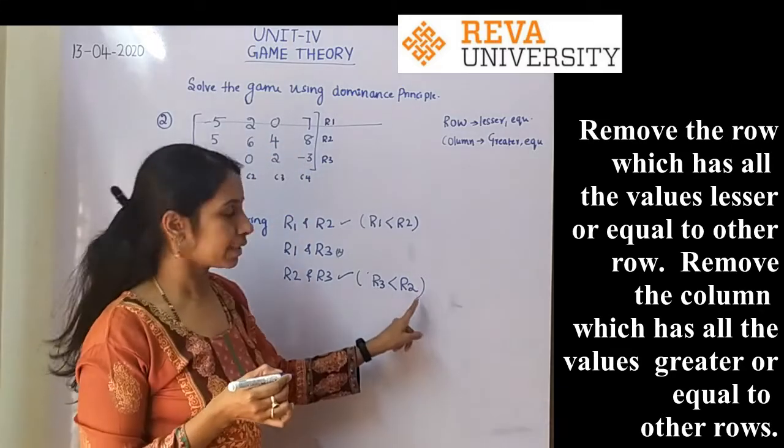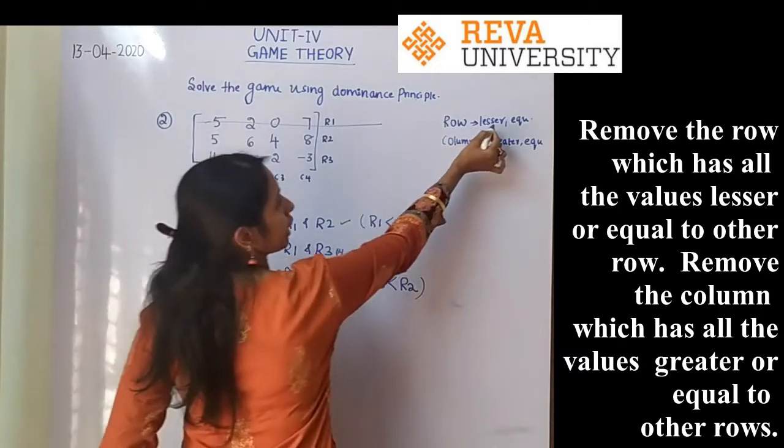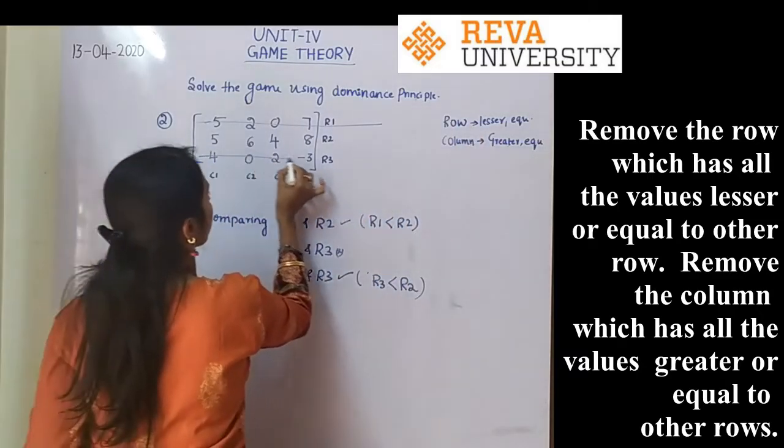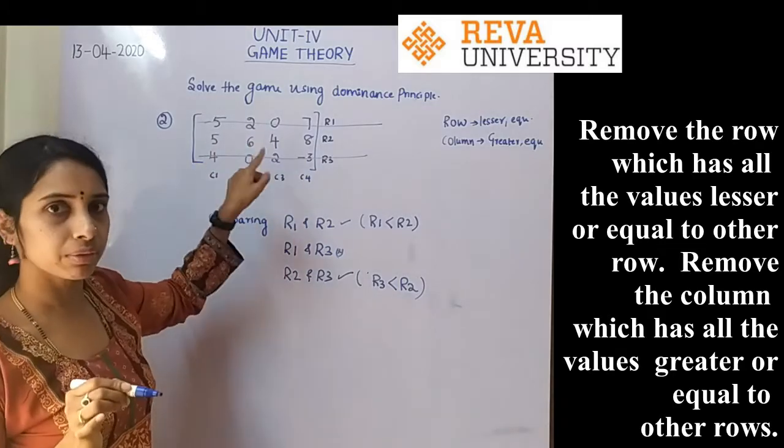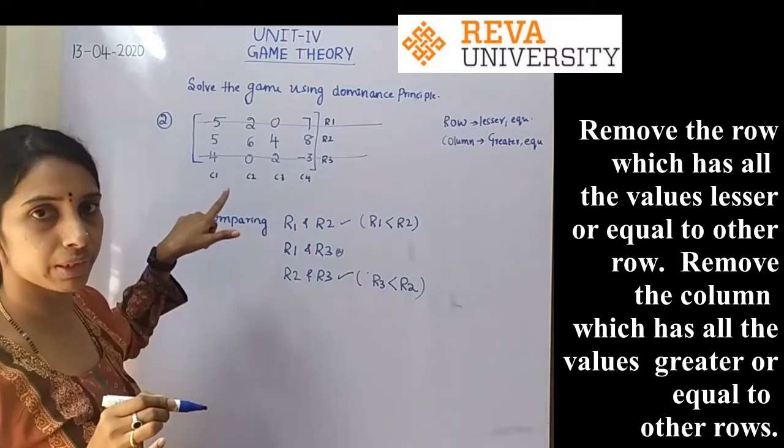So again this holds good, wherein R3 is less than R2, so eliminate the lesser one. I have eliminated this. Still we have values, so we have to find out the value of the game.